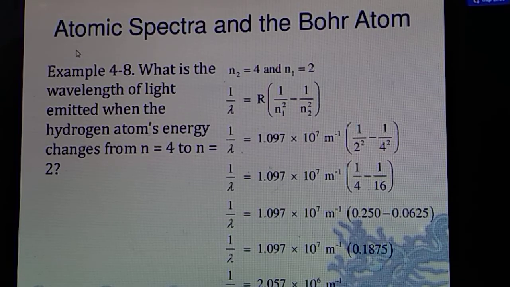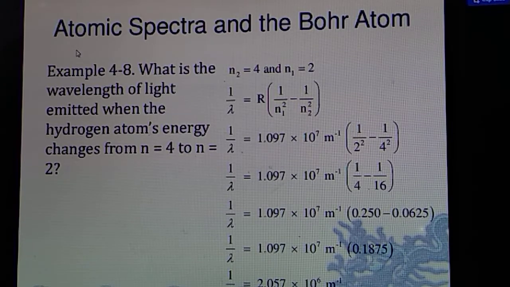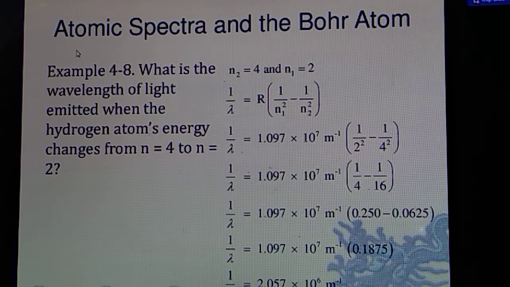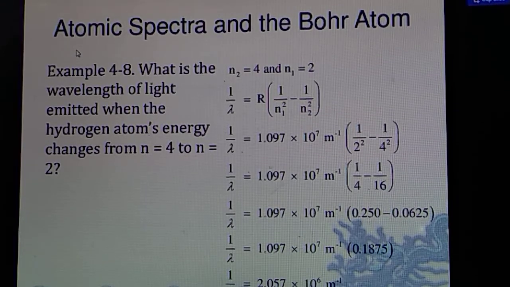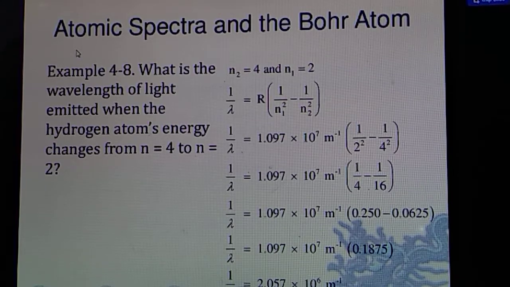This is a very important question regarding atomic spectra and the Bohr atom: 1 by lambda equals R into 1 by n1 square minus 1 by n2 square. My dear children, write all the formulas in your assignment or classwork copy, and you have to practice the related numericals more and more.